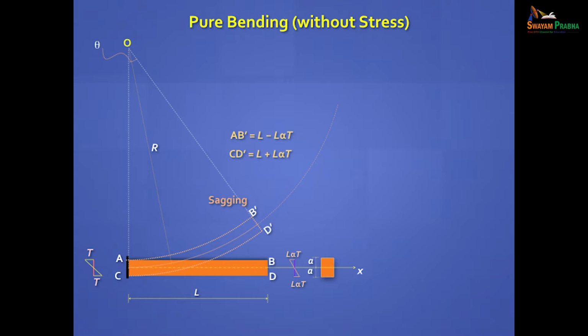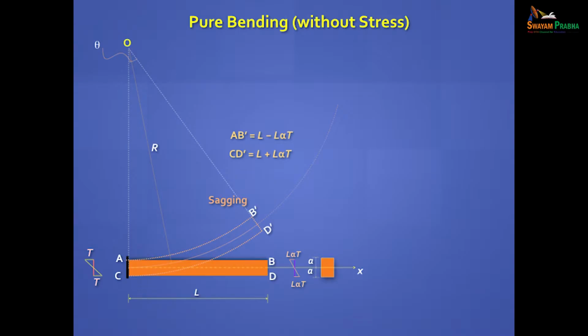This radius is the same everywhere, and if you take the top, length AB has now become AB dash, which is L minus L alpha T, and at the soffit of the beam, CD has changed to CD dash, and the length is increased to L plus L alpha T. This is obvious. We reached here, and this is called sagging. Sagging doesn't necessarily mean you have a positive bending moment. It means it's sagging. The curvature is like this. We call it positive curvature.